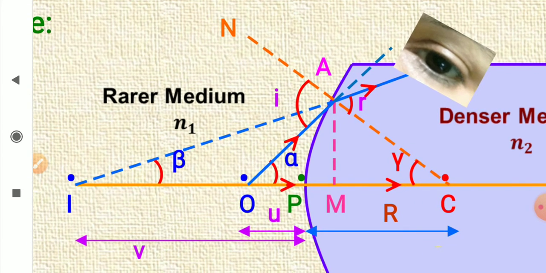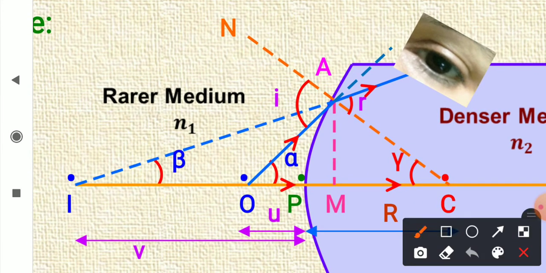Your object O is here. Now from here, a light ray is traveling, and at point A, it is entering the denser medium. So at point A, first you draw this normal.